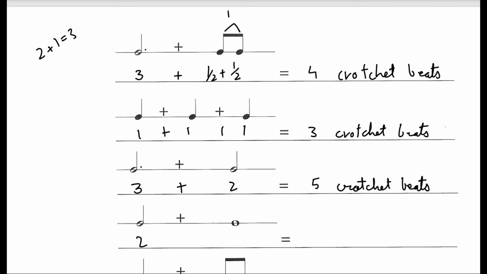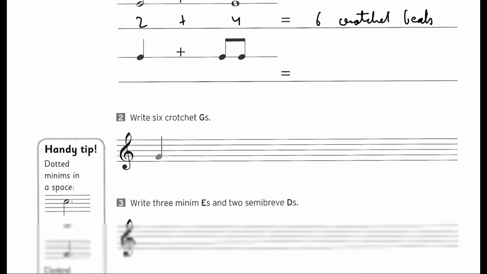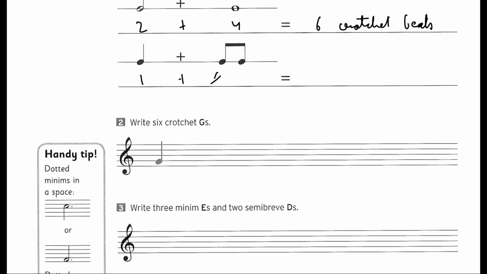Next is your 2 plus 4 makes your 6 crotchet beats. Okay, now this is your 1 plus half plus half makes your total 2 crotchet beats.